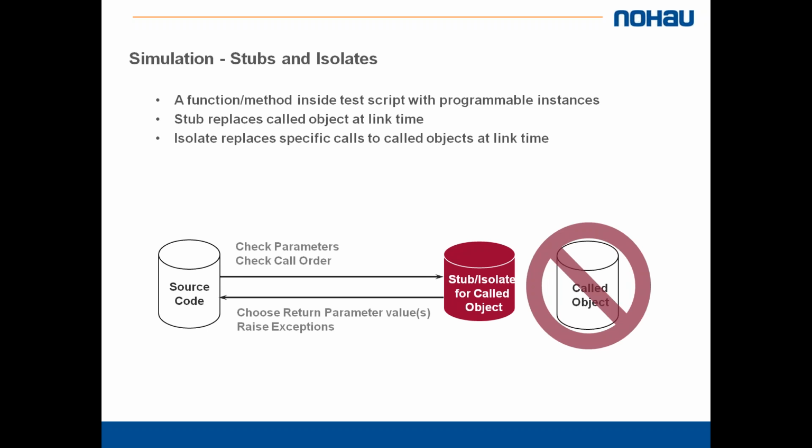And that makes it possible for us to, for each individual test case, check the parameters we use when we call the stub, and we can also choose what return values the called object should use. So that's a very simple way of replacing the called objects in a controlled fashion for each test case.